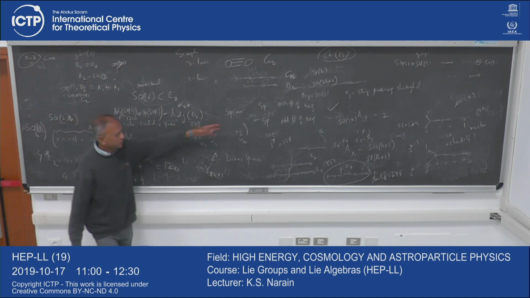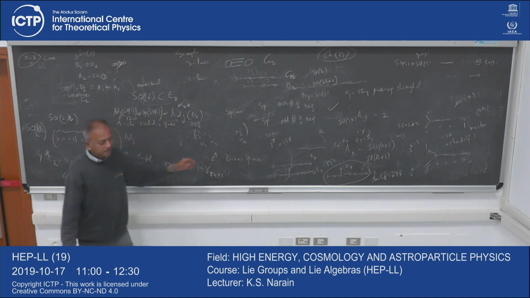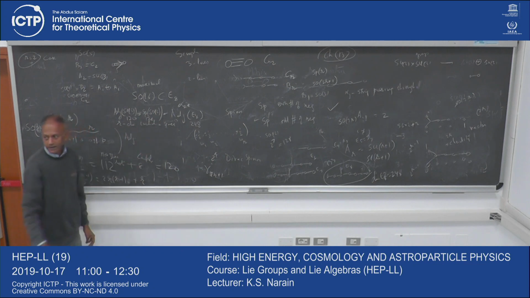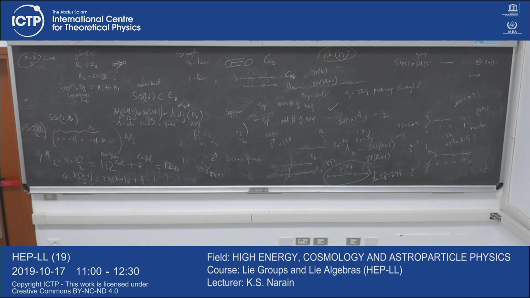You can choose either spinor or spinor prime, it doesn't matter, so let's choose one of them, and that's 128. Actually, that's the easiest way to understand E8. When I think of E8, I always think of SO16 and decompose in terms of the spinor and adjoint representations.